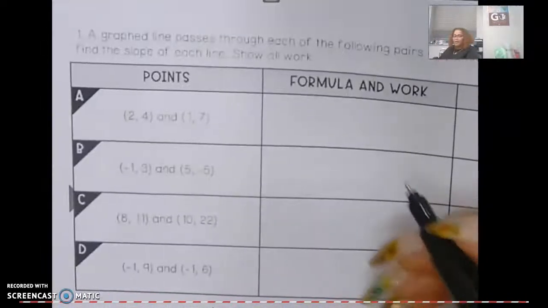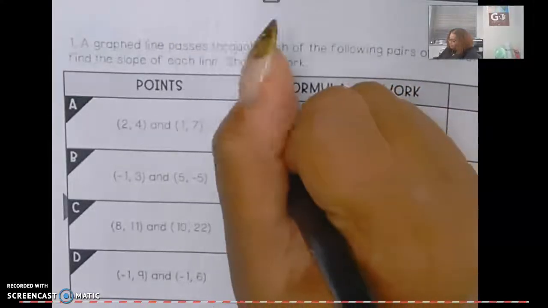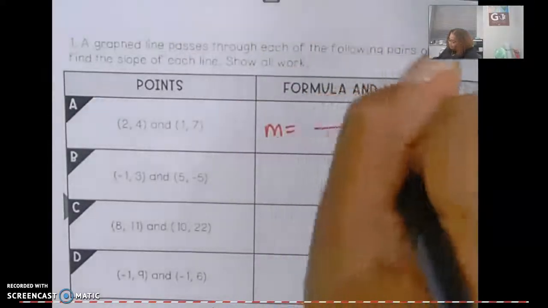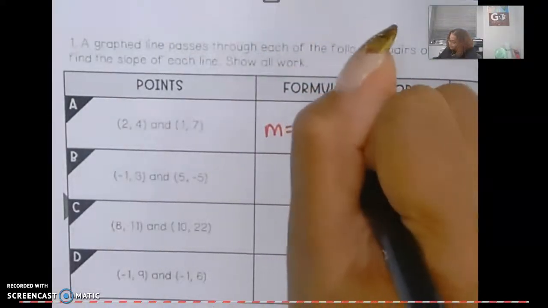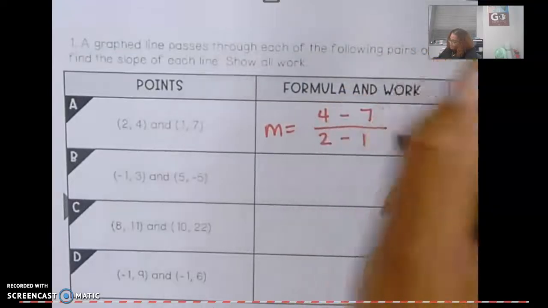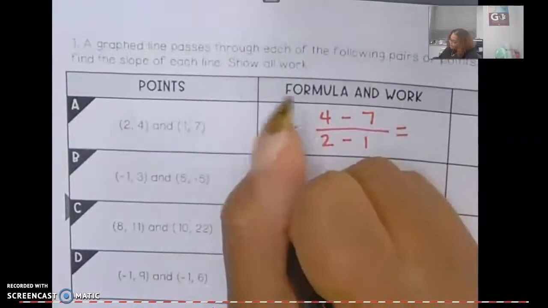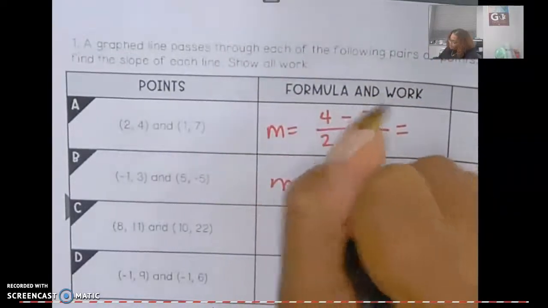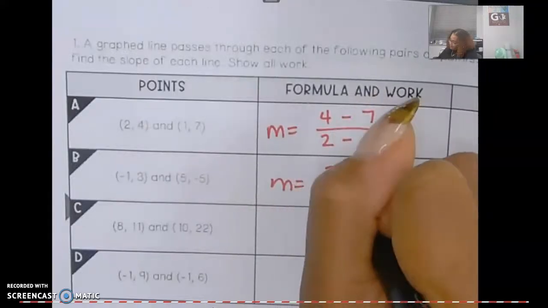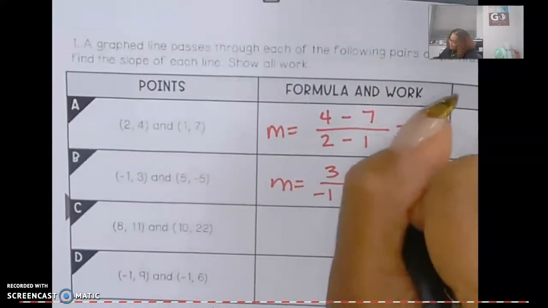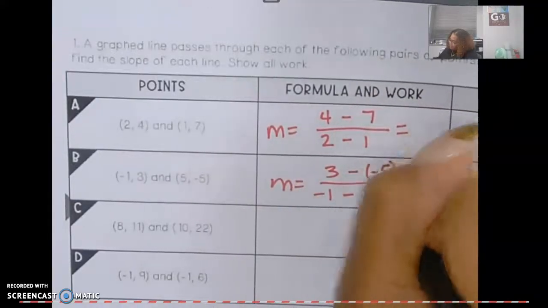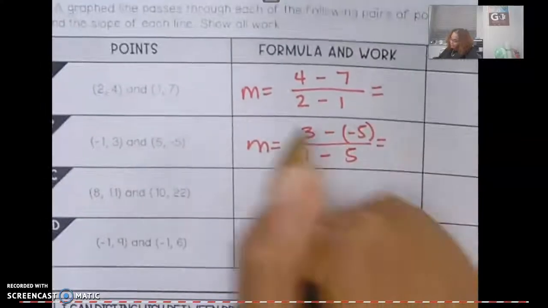Here I am finding the slope. M equals 4/2 minus 7 over 1. Calculate. M equals 3/-1 minus -5 over 5. Calculate.